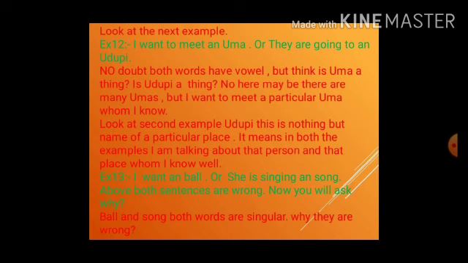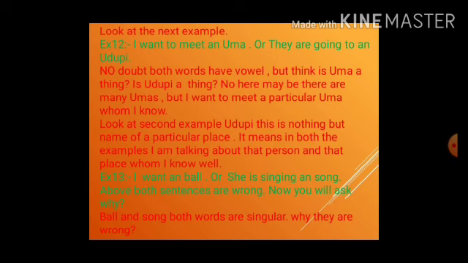Look at the next example. I want to meet an Uma, or they are going to an Udupi. No doubt both words start with a vowel, but think: is Uma a thing, or is Udupi a thing?